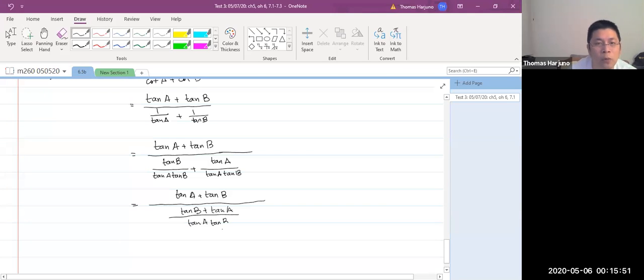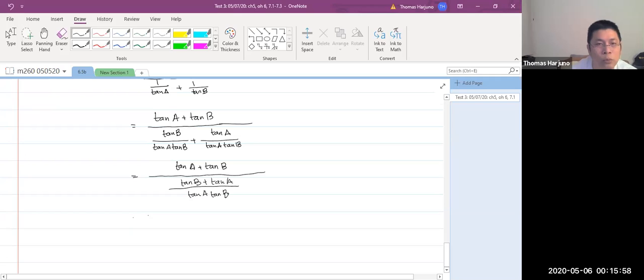Just like before, dividing by a fraction is the same as multiplying by the reciprocal.